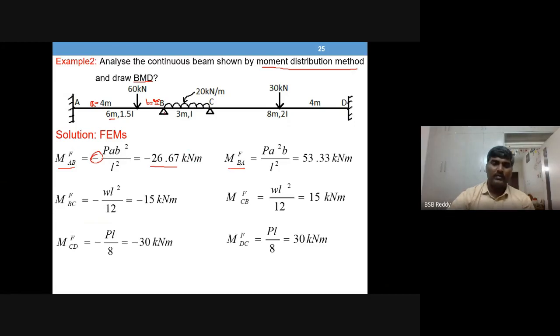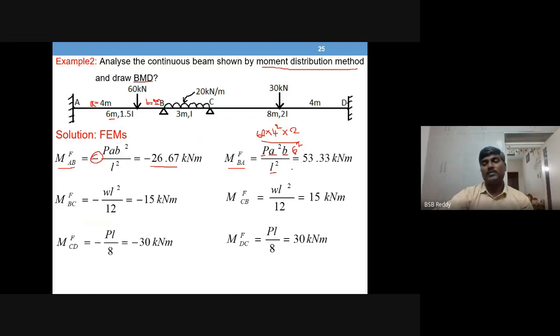Now the other end, MFBA is equal to, the formula turns out to be Pa square b by L square. Which means 60 into a square, 4 square, into b, 2, divided by L square, 6 square.